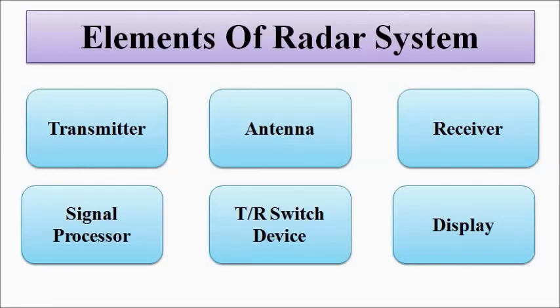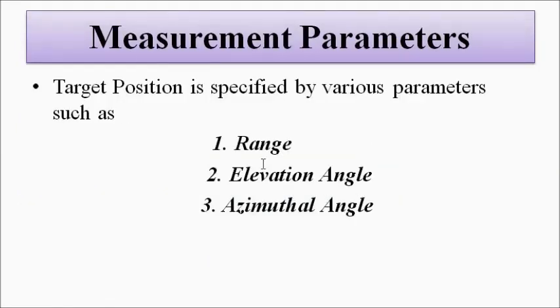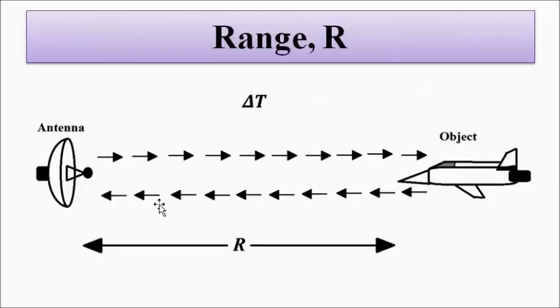Here we'll discuss some basic concepts related to the measurement parameters, that is range, elevation angle, and azimuthal angle. Range is the distance of the target or the object from the radar system.